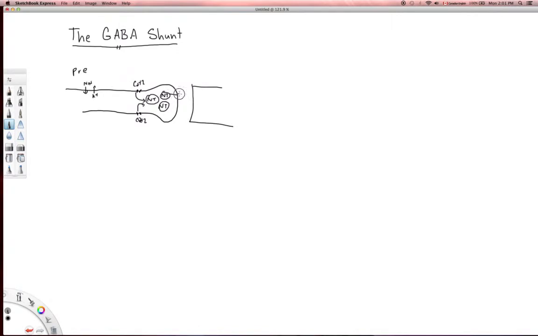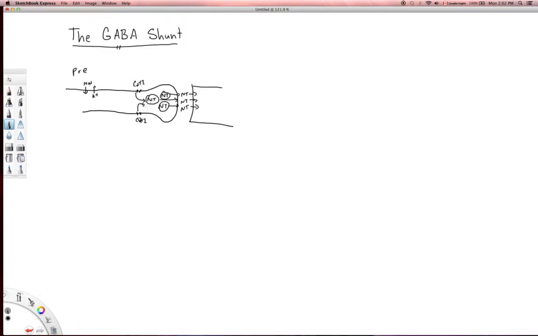The vesicles move out and meld with the cell membrane, and then they open up and release the neurotransmitters out into the synapse, and then the neurotransmitters act as ligands for the GABA receptors. Okay, so that's pretty typical for most neurotransmission.